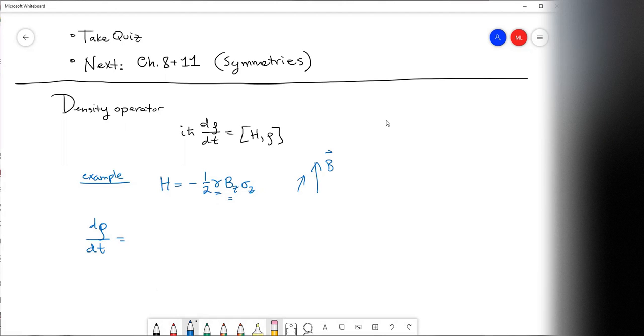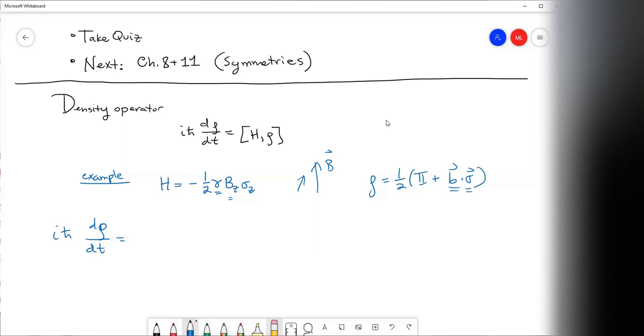And what you would get is, of course, remember that for spin 1/2, the rho is given by the identity plus B dotted into sigma, where B is this vector of 3 numbers, and this is a vector of the Pauli matrices.